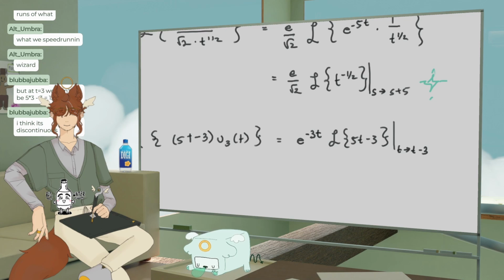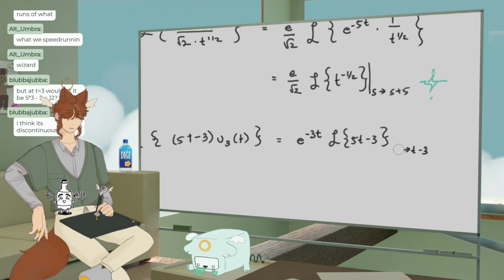Second shifting theorem is, okay, e to the negative as times our Laplace function equals e to the negative as times the Laplace of f(t) equals u_a(t) f(t minus a). Okay, yeah, so it is f of t minus a. So this t minus t thing does not happen.